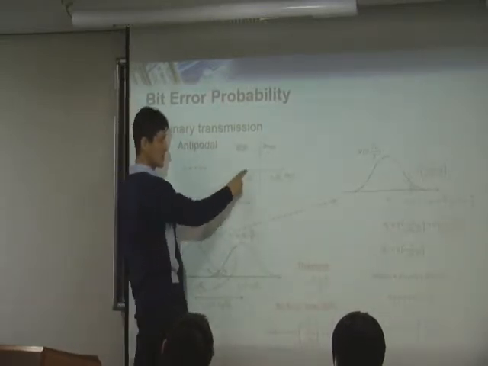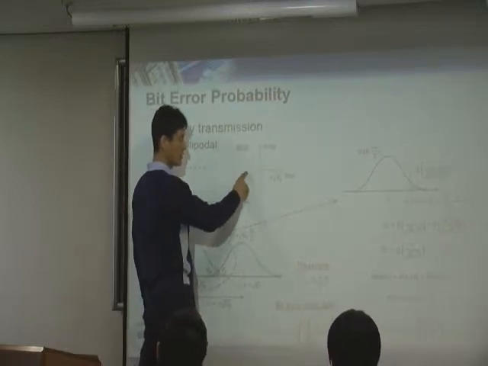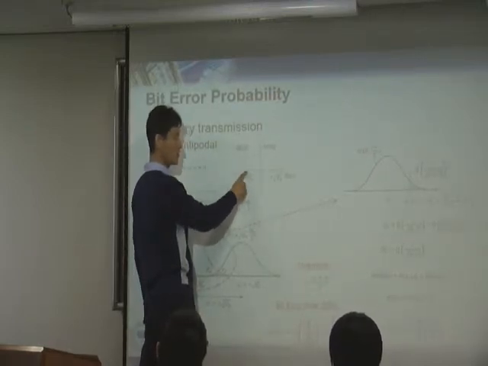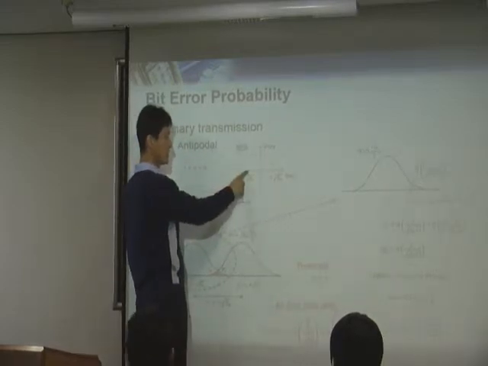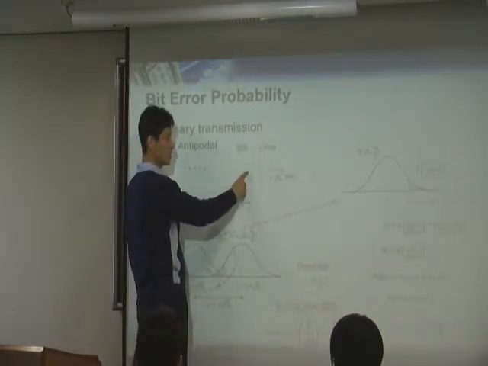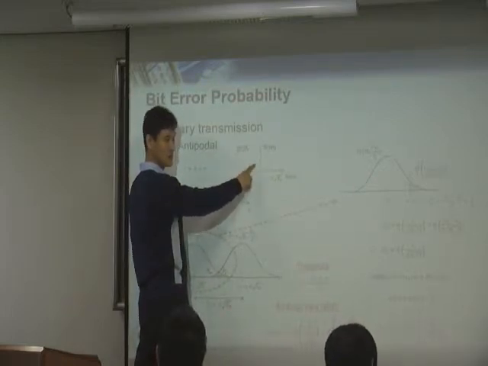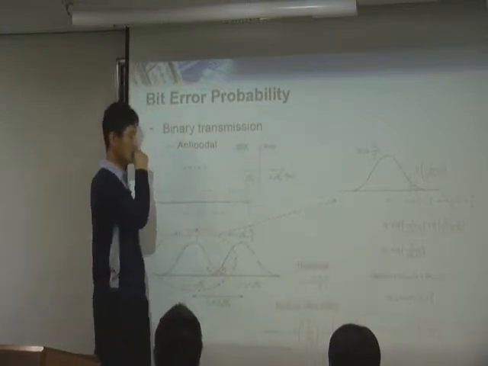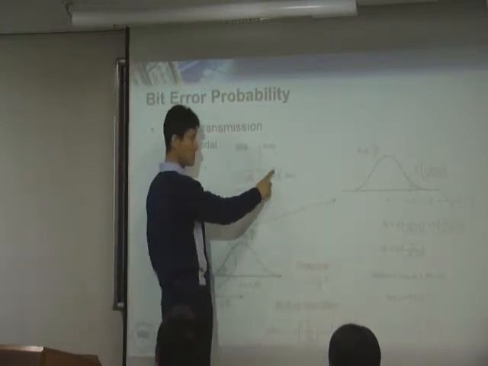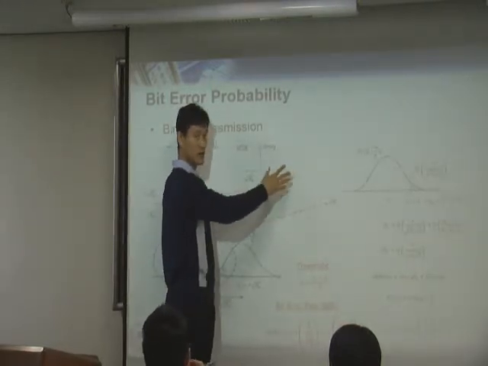Since we have noise, let's say you transmit this one, but when some Gaussian noise is added, you may receive some point like here, because of noise. This much is noise in that case. Or some other times you transmit this one, but you receive this symbol because of noise, right?